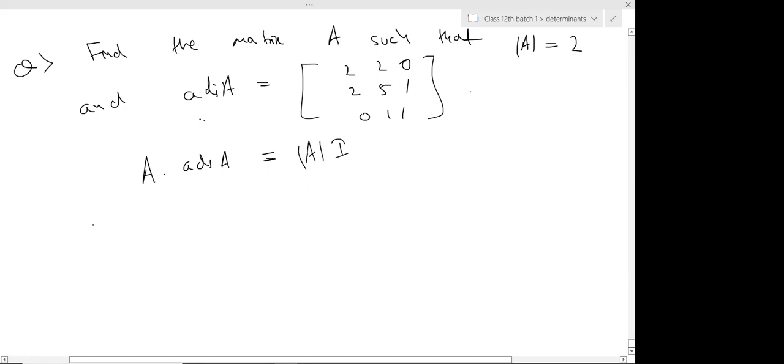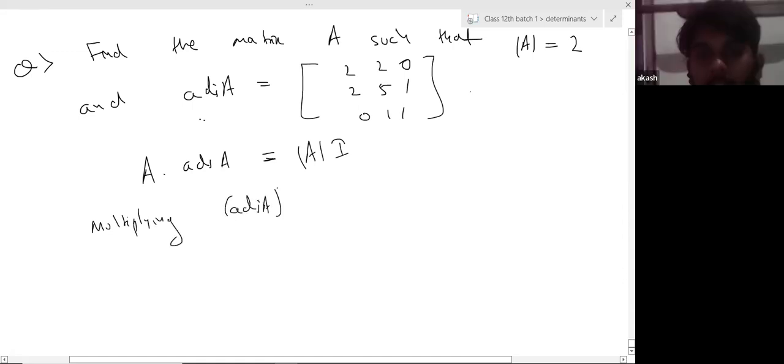So from here we can say, multiplying adjoint of A inverse on both sides, what will we get?